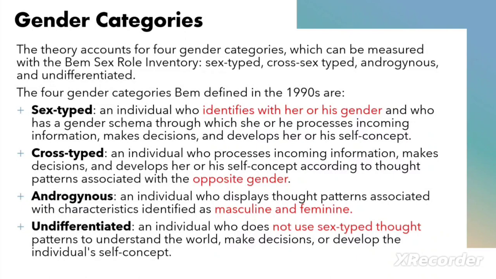In cross sex typed, the individual takes the incoming information and makes decisions about their self concept according to the schemas associated with the opposite gender. Androgynous means the schema includes characteristics identified as both masculine and feminine. Undifferentiated means they don't belong to either the masculine or the feminine category.